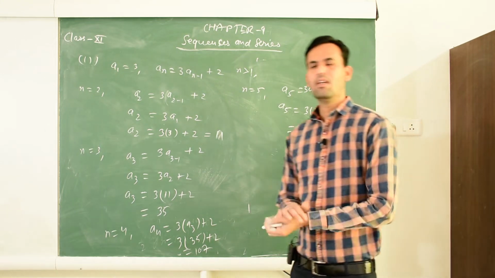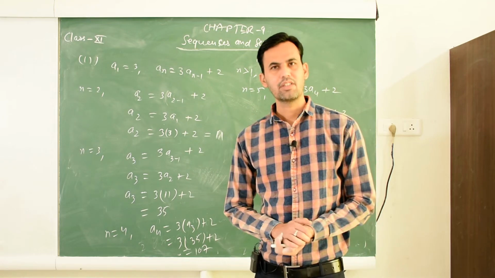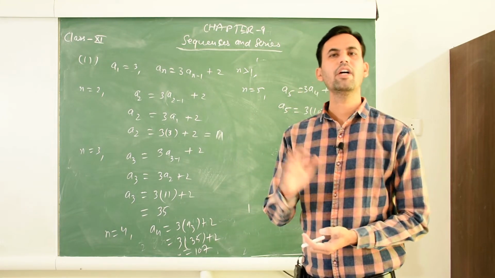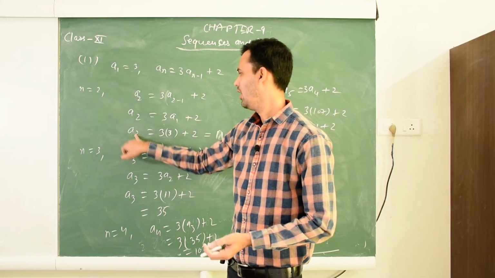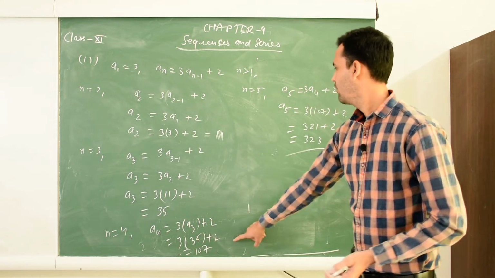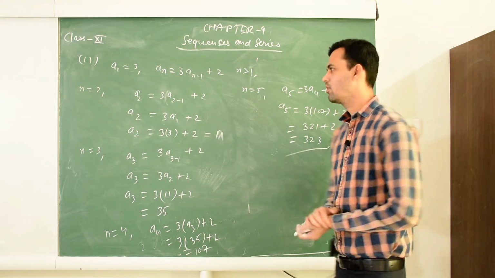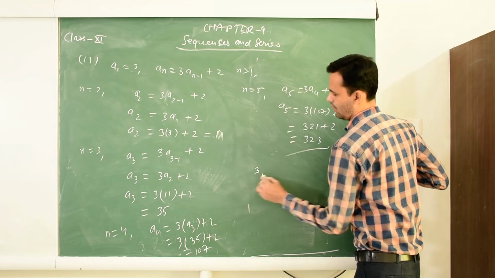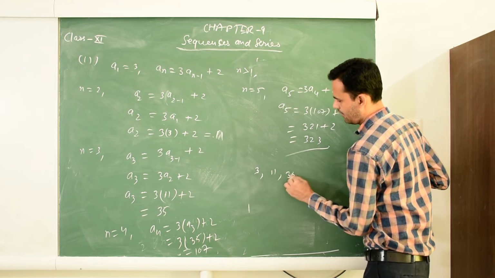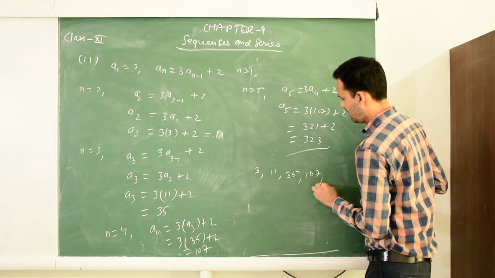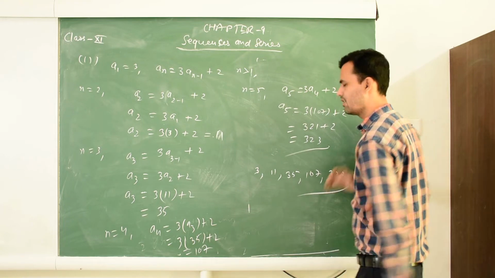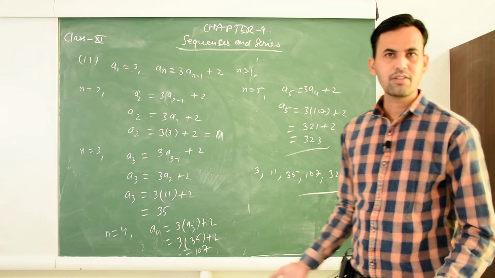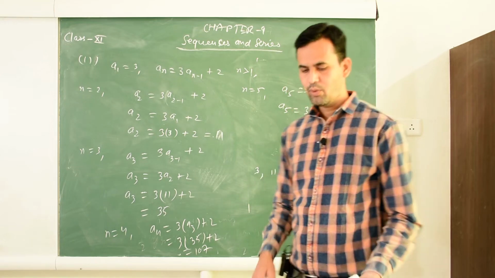Similarly you can find n equals 6, 7, but in this question we need only 5 terms. So we can write this sequence as 3, 11, 35, 107 and 323. These are the 5 terms of the sequence. In this way you can solve exercise 9.1.